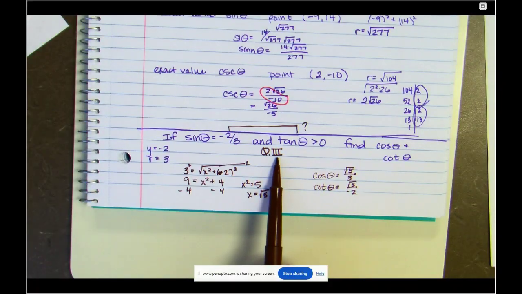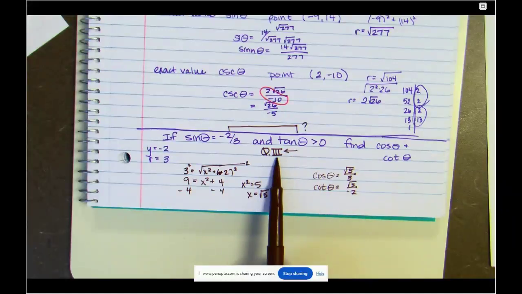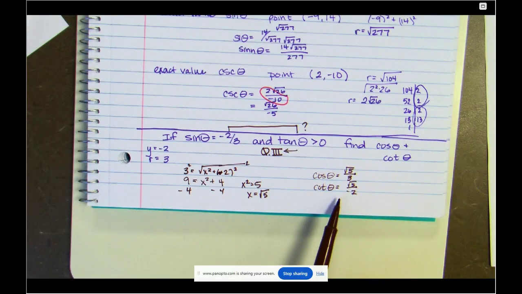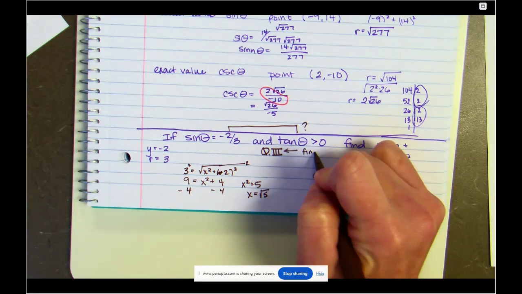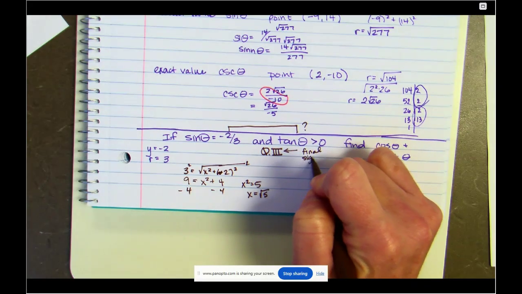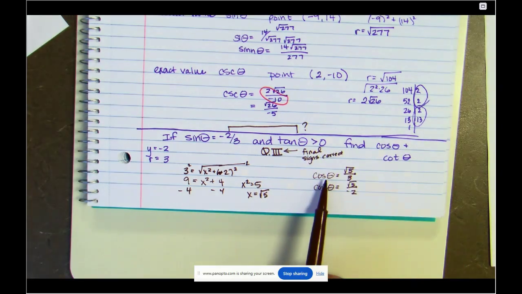So in quadrant 3, what you just have to do is check at the end to see if you have the correct signs. So this is the final step. Are the signs correct? Okay, so if we're in quadrant 3, the cosine should be positive or negative? Look at quadrant 3.